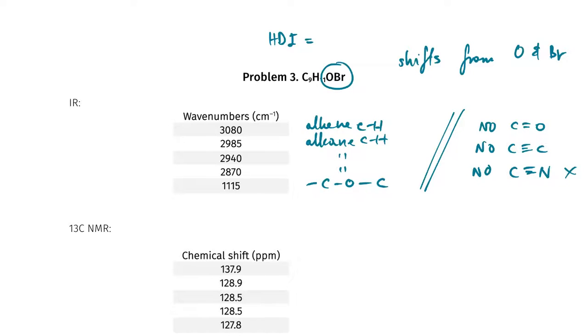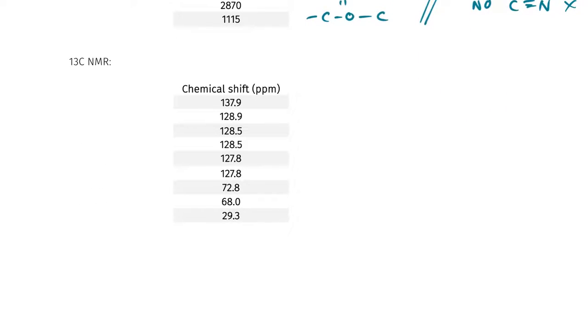Okay, so let's move on to the next, which is carbon. Again, no carbonyl. What we have, though, is 1, 2, 3, 4, 5, 6, 7, 8, 9 carbons. And the formula calls for 11.